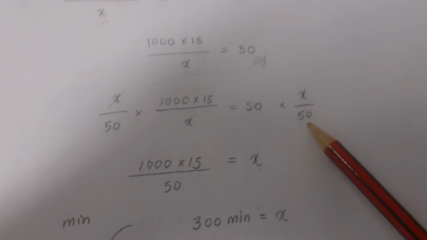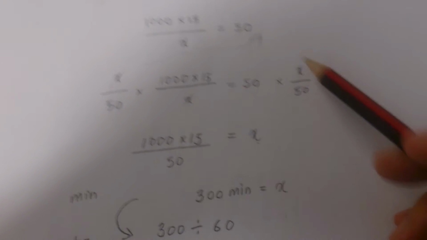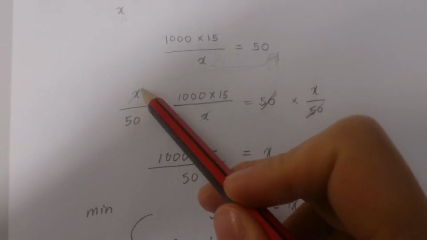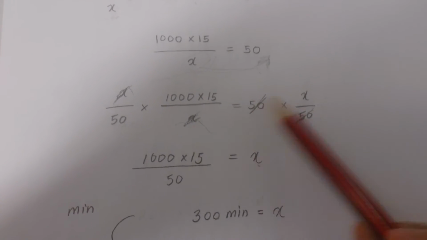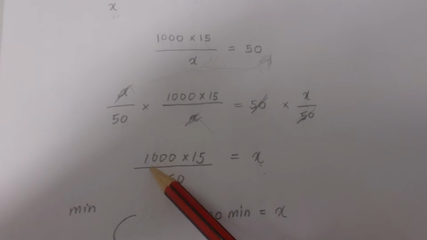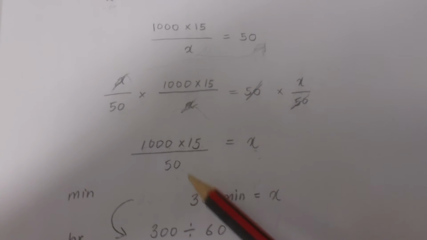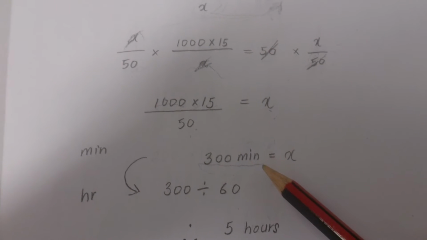Then we can cancel those out, and we can cancel those out. And that helps us to bring that X on this side. So X is 1,000 times 15 over 50. And then when we calculate that, that's 300 minutes.